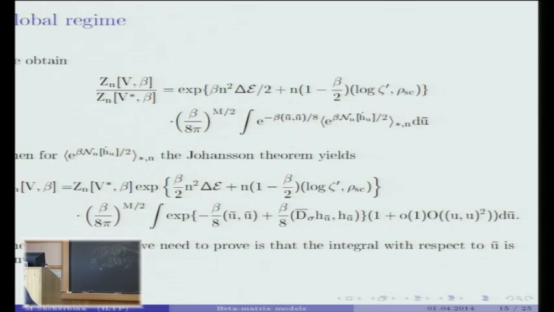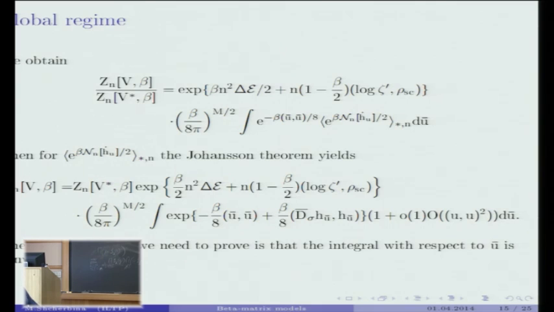Okay, now let us consider what happened here. Here we have just the generating functional of the linear eigenvalue statistic, which you can consider according to the Johansson paper. And using the Johansson result, you obtain this guy instead, and sorry, I forgot again, there is also the term with nu, the measure nu.